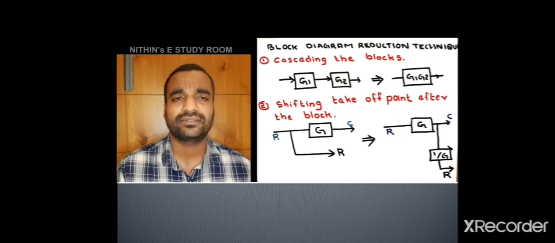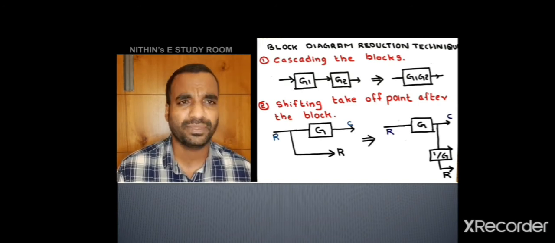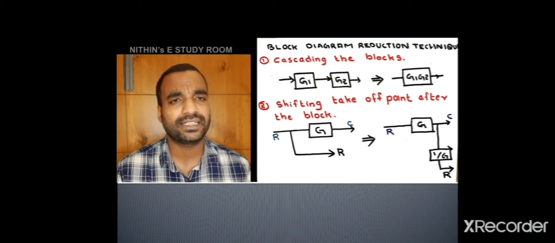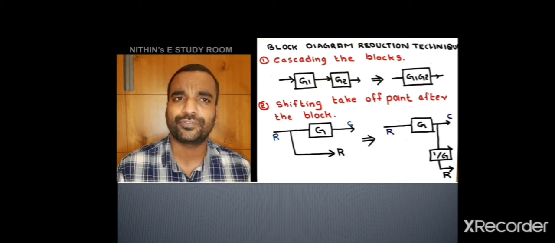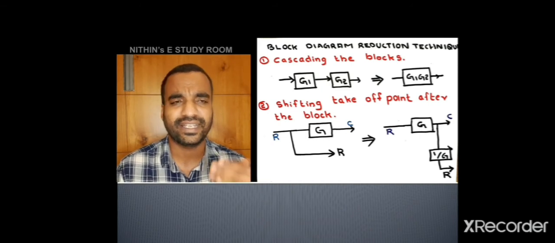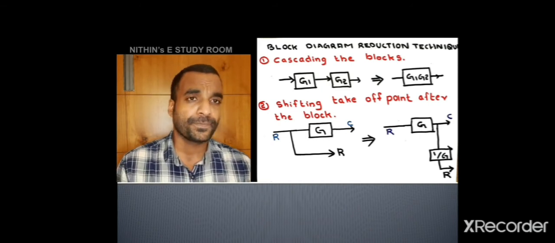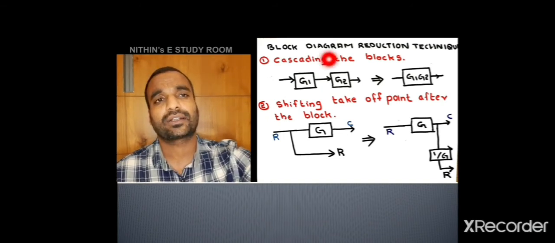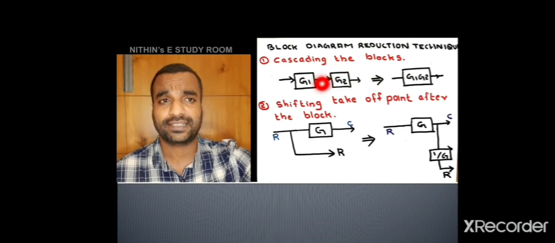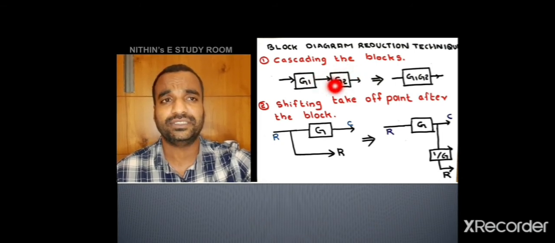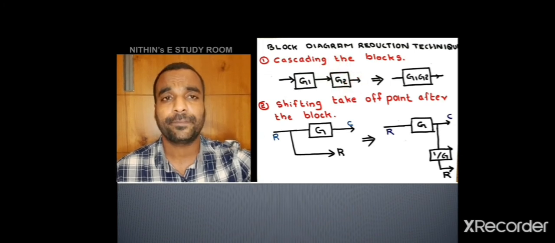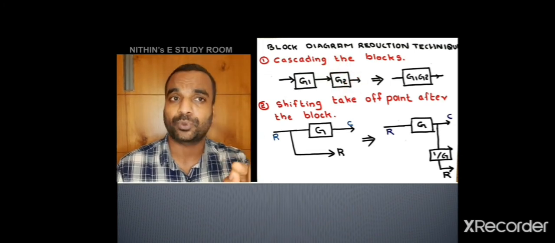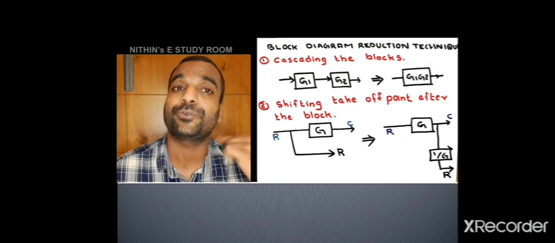If input is R, the output is G1 into R. We can express in Laplace domain as G of S, R of S, etc.; otherwise, we can simply take G1, G2, R1, R2, etc. So the output of the first stage, G1 into R, is the input to the second stage. This input is fed to the next block G2, and its output will become G2 into its input. What is its input? Its input is G1 into R.